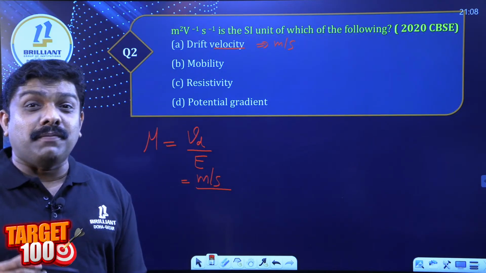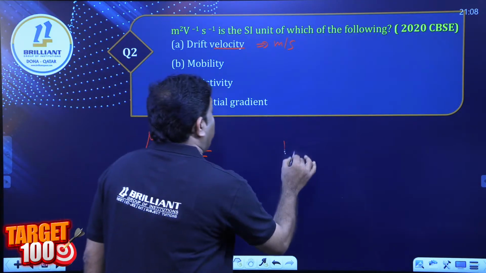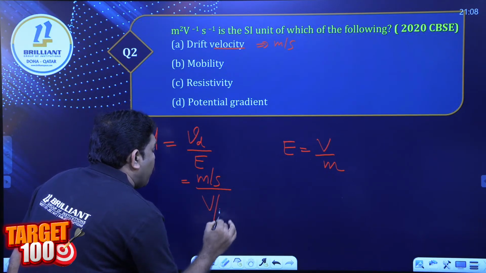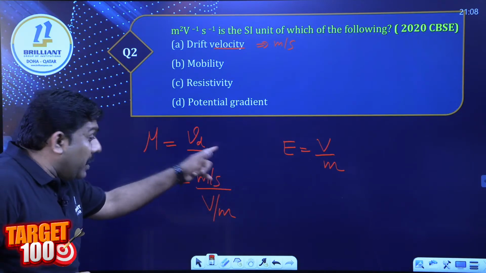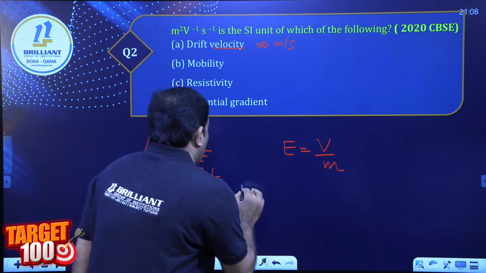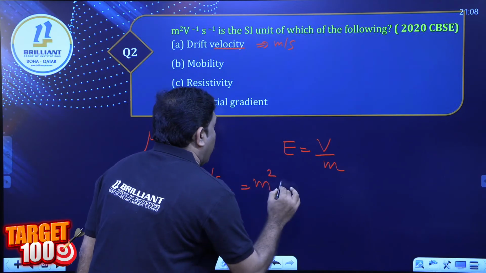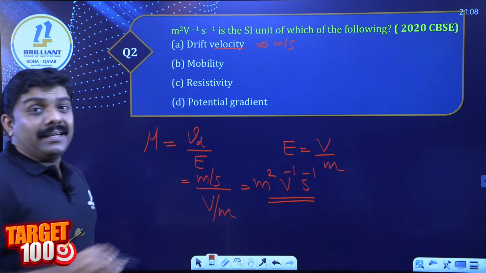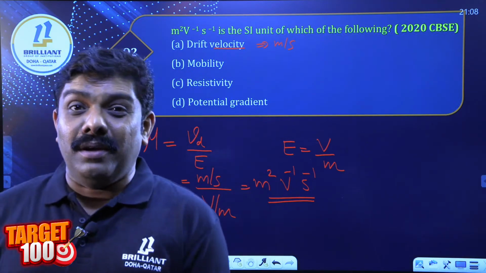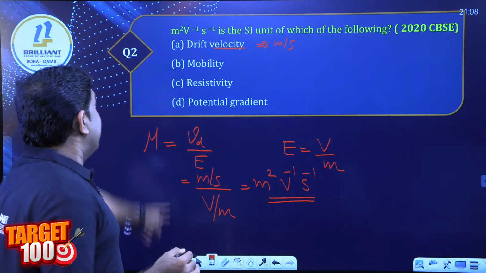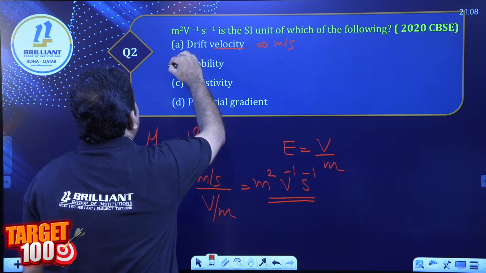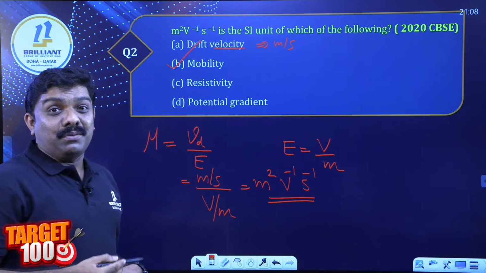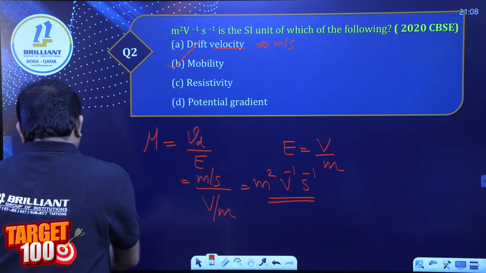The unit of electric field is volt per meter. This meter will come to the numerator, so we get meter square volt inverse 1 second inverse 1. So the right answer is mobility, with the unit meter square volt inverse 1 second inverse 1.